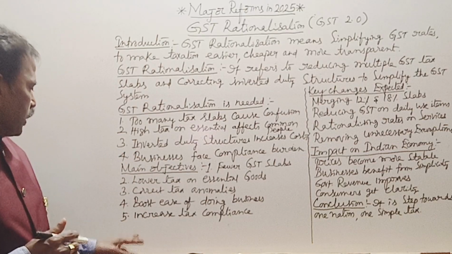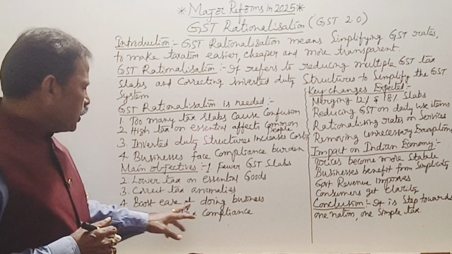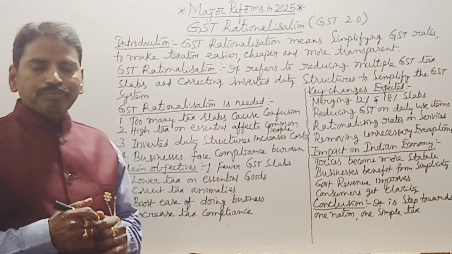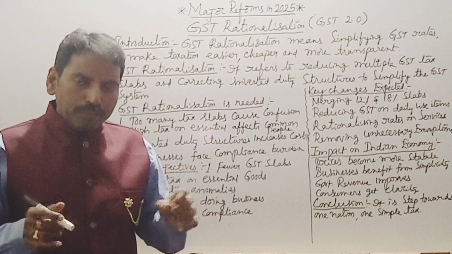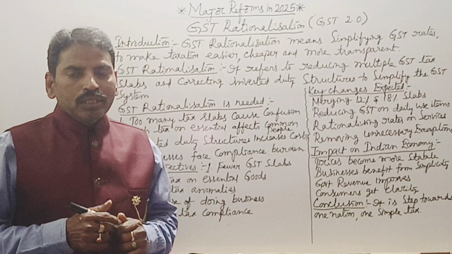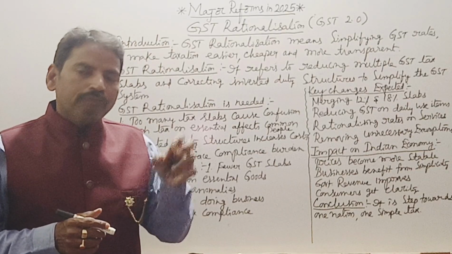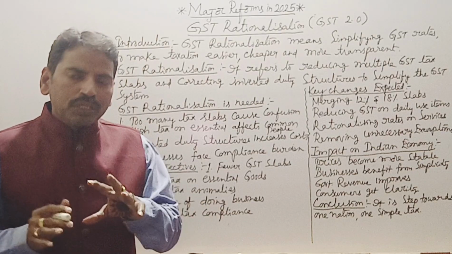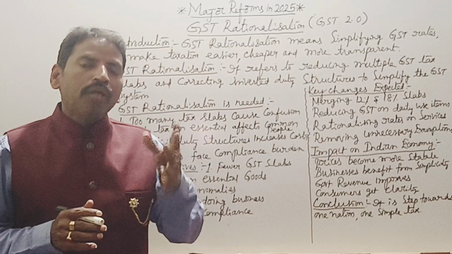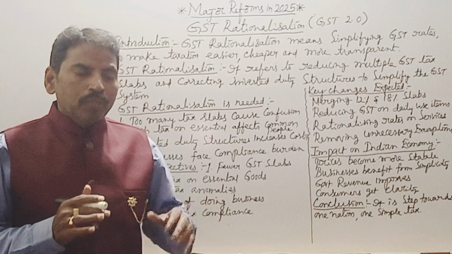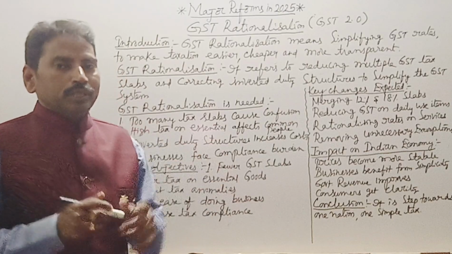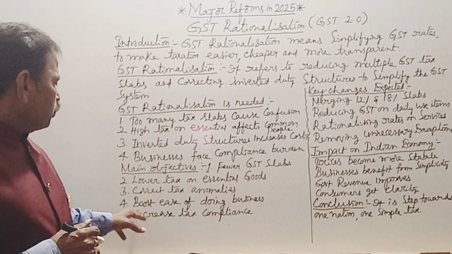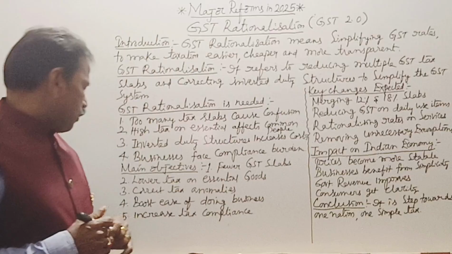To correct. Fourth one, boost ease of doing business. Ease of doing business means making it simpler, faster, or less costly to start and run a business by reducing rules, procedures, and permissions. That is boosting ease of doing business.